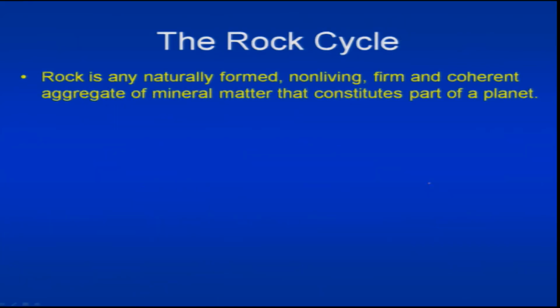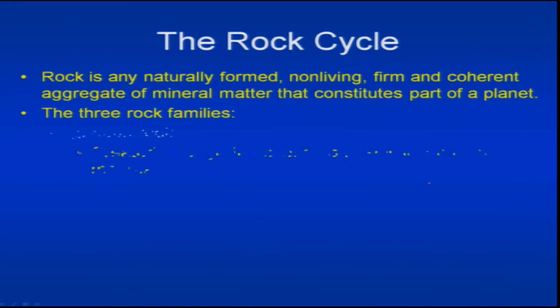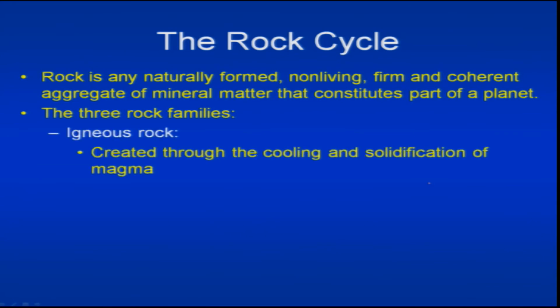So the rock cycle: if we look at what it is composed of, a rock is a naturally formed, non-living, firm and coherent aggregate of minerals that constitutes part of the planets. We have three types of rocks, as I mentioned yesterday. We have igneous rocks, which are created through the cooling and solidification of magma.